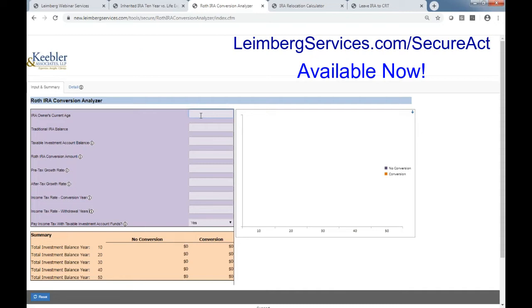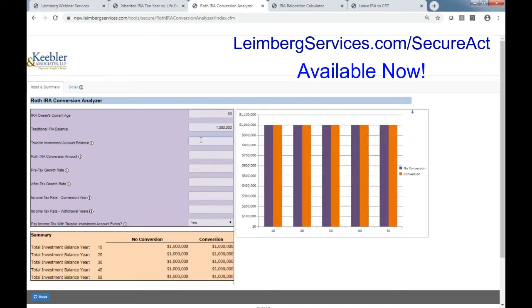Let's assume the IRA owner is age 60, and she's a retired dentist. She has $1 million in her account, and she has a taxable account balance of $400,000. And she converts the entire $1 million. Now, you'd probably never go this far, but it's just a good example.